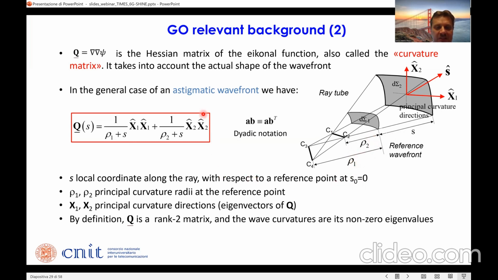This matrix is a rank 2 matrix by definition, and in general, it will be a 3 by 3 matrix.